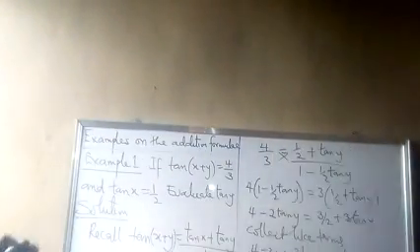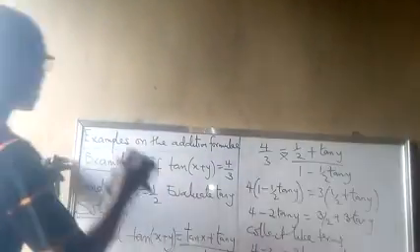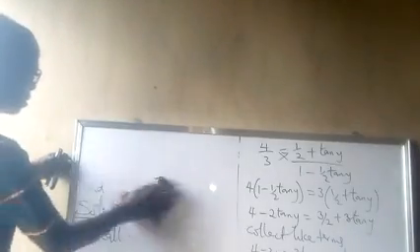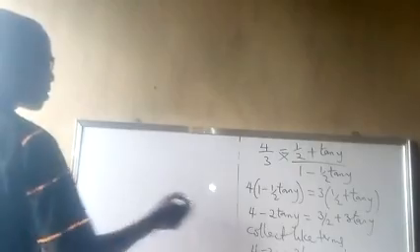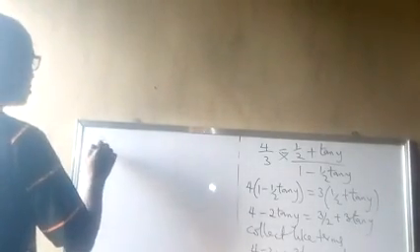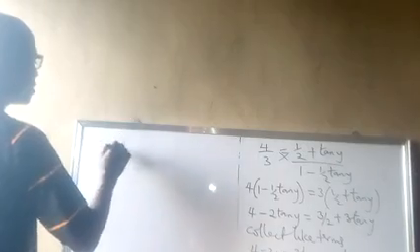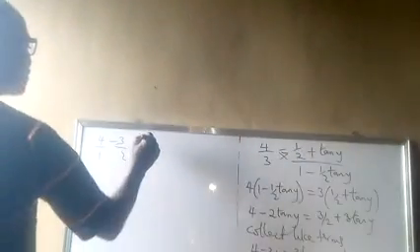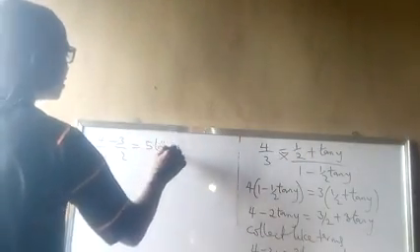So with that, we are almost getting to the end of the problem. Now here, 4 over 1 minus 3 over 2 is equal to 3 tan y plus 2 tan y, that is 5 tan y.